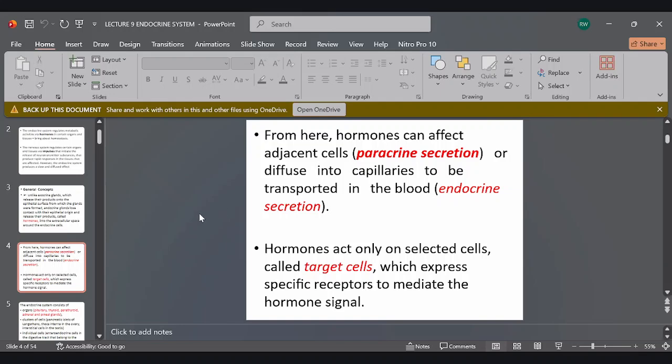So I've said these hormones have selected cells that they act on, which we call target cells, which express specific receptors to mediate the hormone signal.